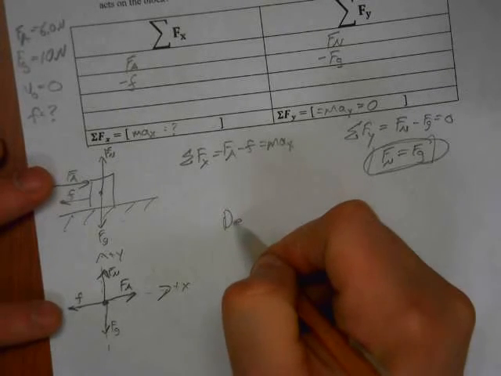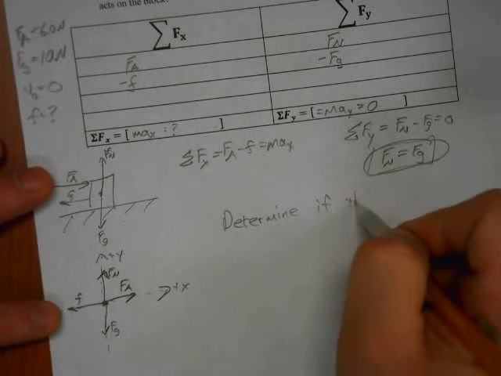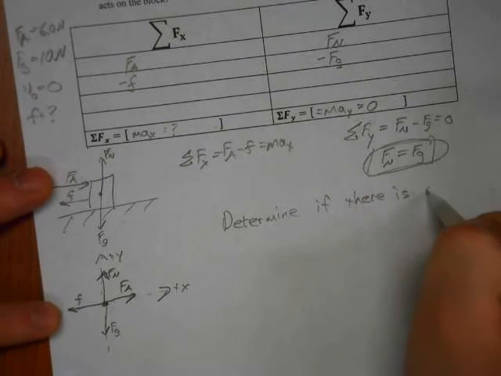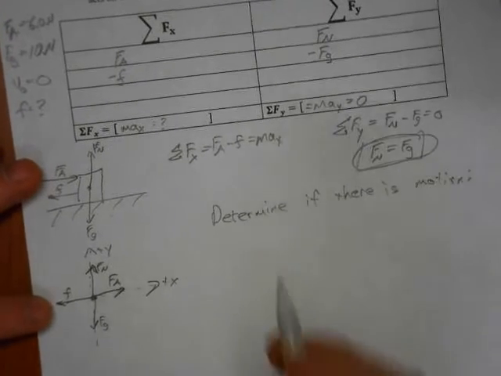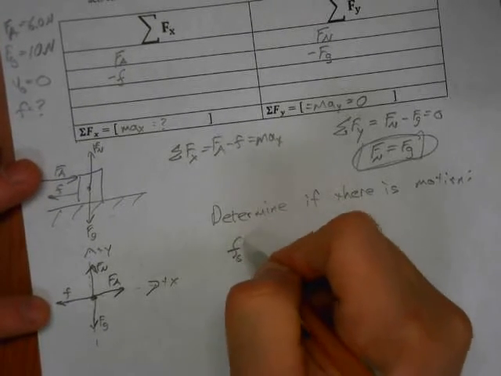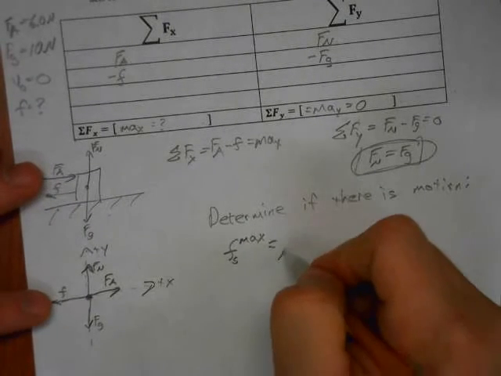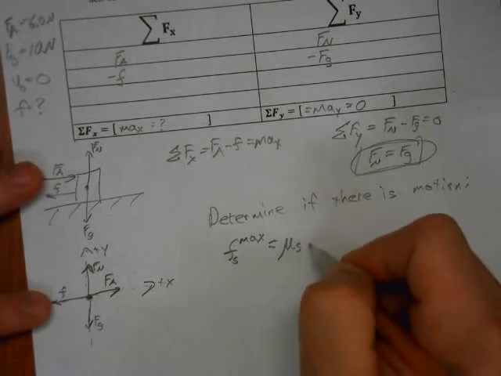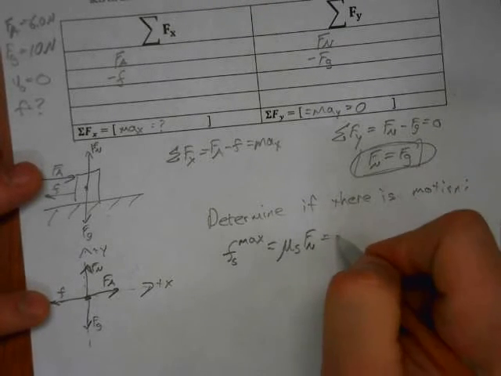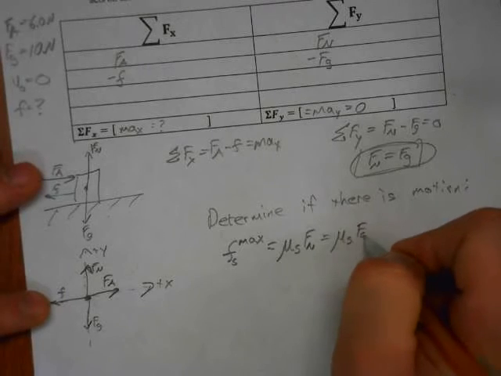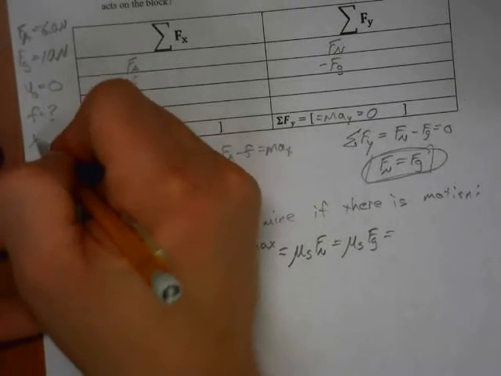So first, determine if there is motion. And we do that by calculating the maximum force of static friction. If you remember the definition of that, it's mu s times Fn. But now we know Fn equals the force of gravity, so it's mu s times Fg, which I should have written down here with our knowns.